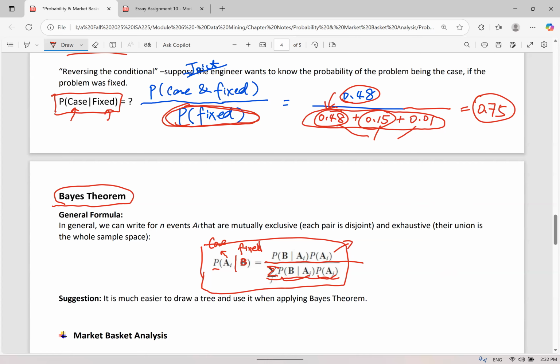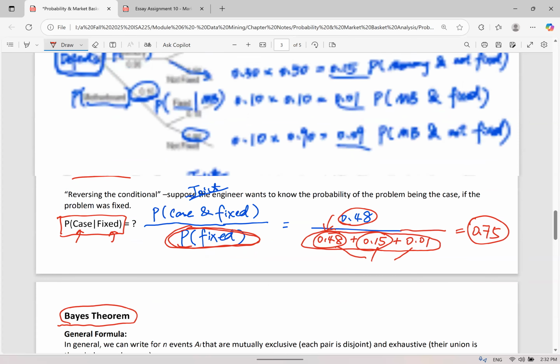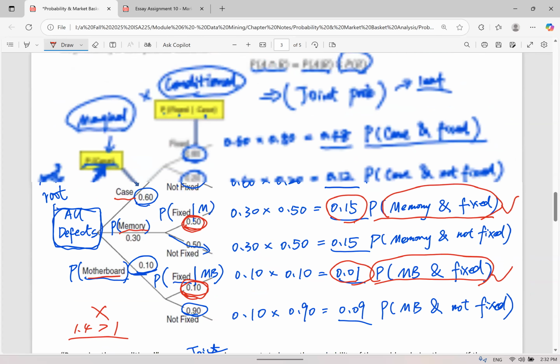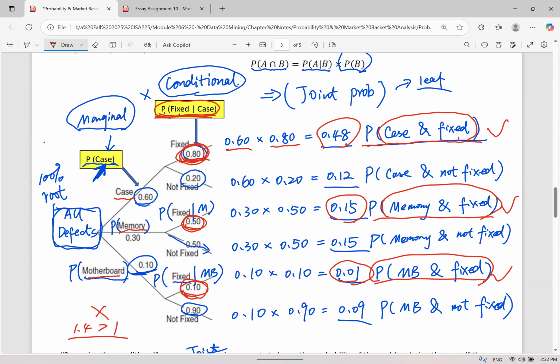I may miss the other case. So if you just simply use this formula, it will give you a very hard situation. So of course, we will not use this formula to solve this kind of probability. We'll draw a graph or draw a tree to solve this kind of problem.